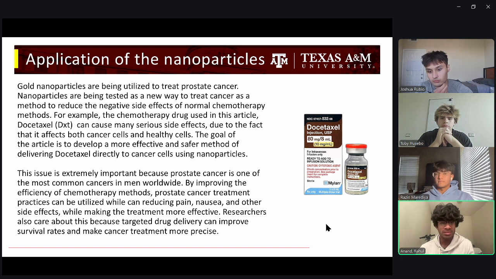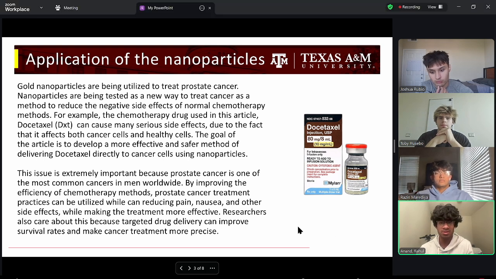By improving the efficiency of the chemotherapy, it can reduce pain, nausea, and other very bad side effects while making the treatment more effective. Researchers also care about this because targeted drug delivery can improve survival rates and makes cancer treatments more precise. And here you have the image of the docetaxel.